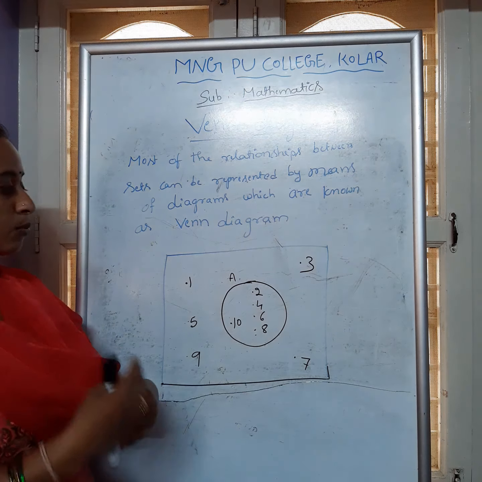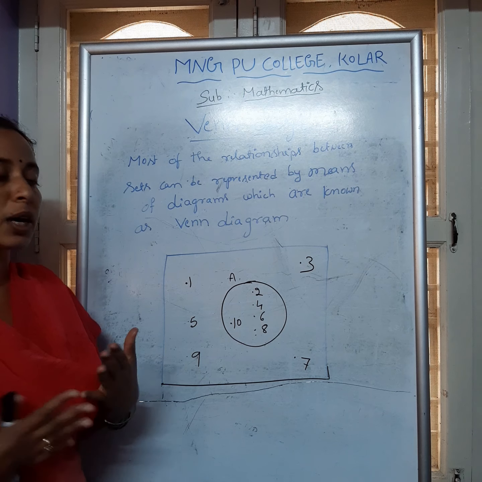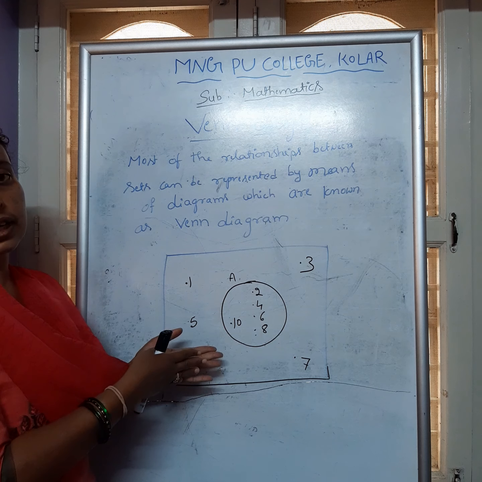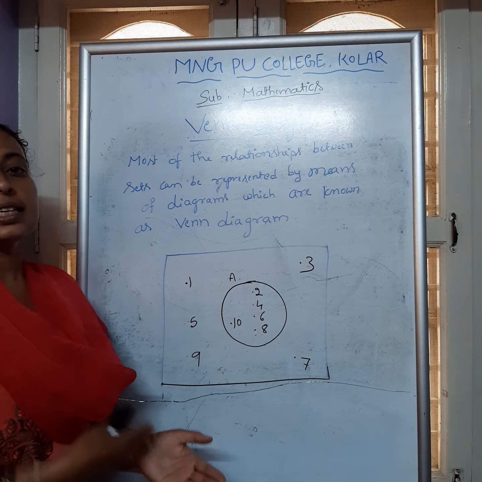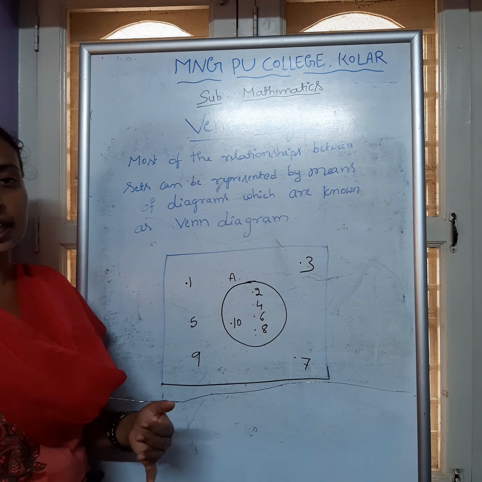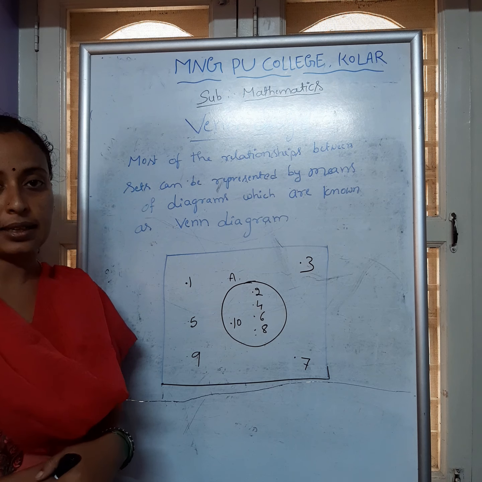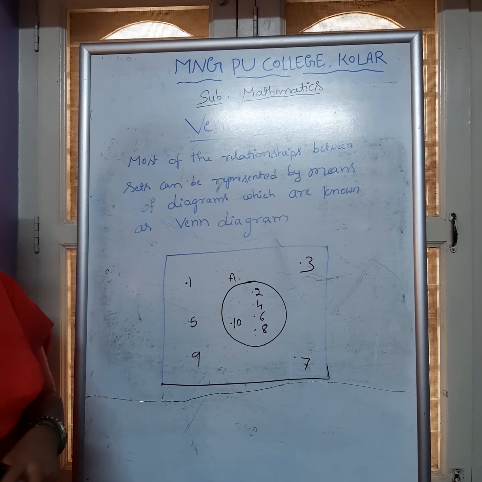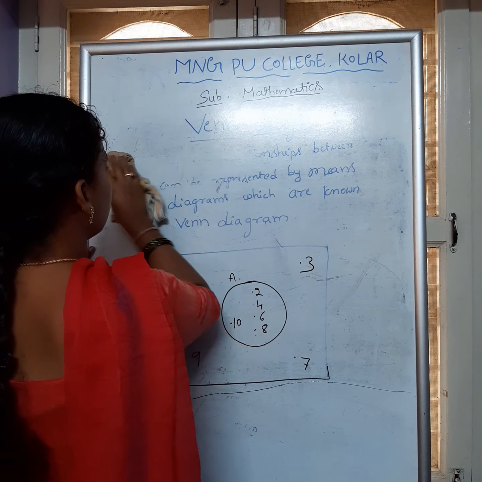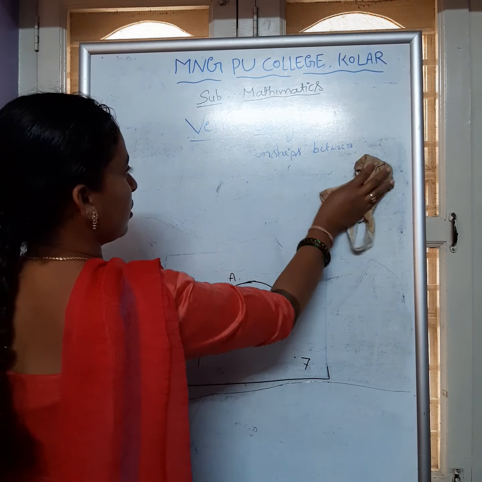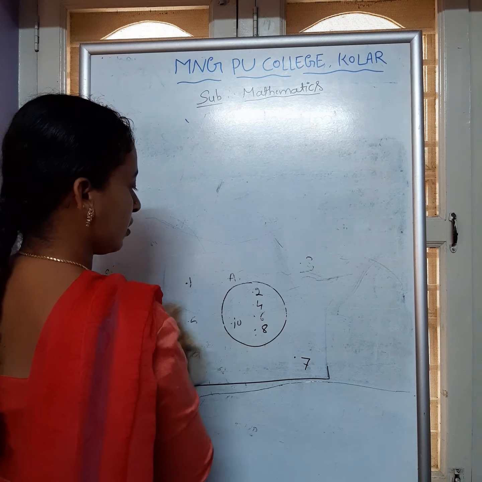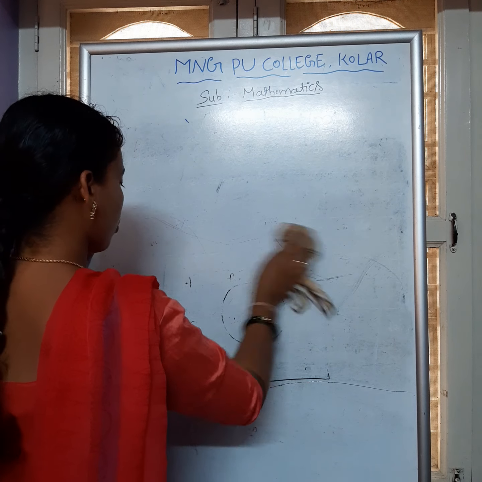To understand more about the relationships in the Venn diagram, let's see the types of diagrams. Here there are operations of sets.